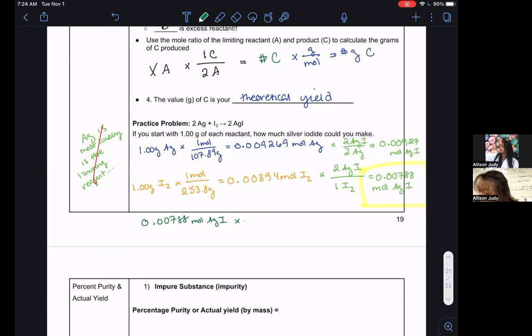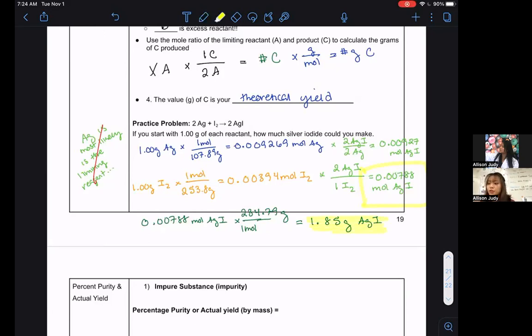Sorry, for every mole of AgI, I have 234.79 grams. And that means I actually get 0.00788. I actually produce my theoretical yield, given that a lot of other things are going right too, is 1.85 grams of AgI. And that is my final answer.